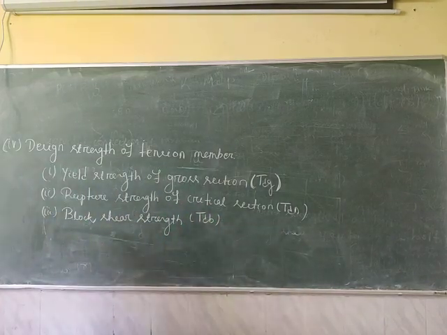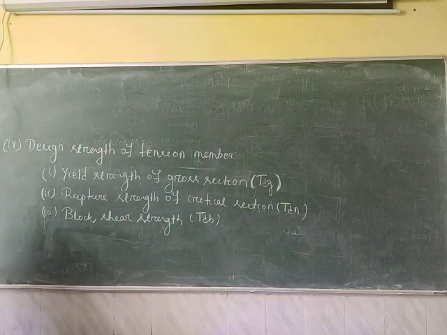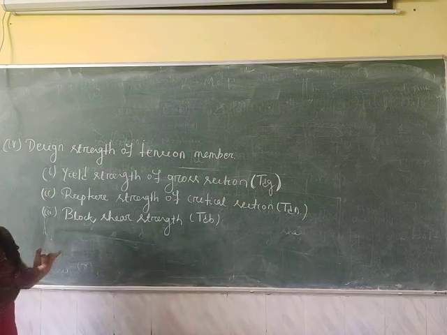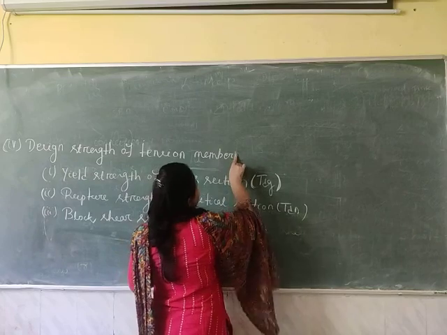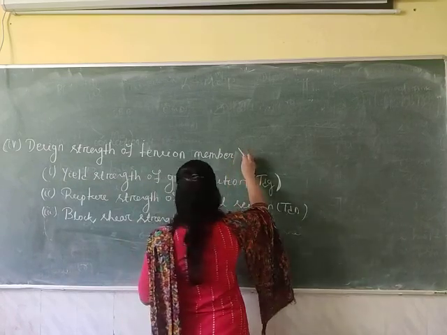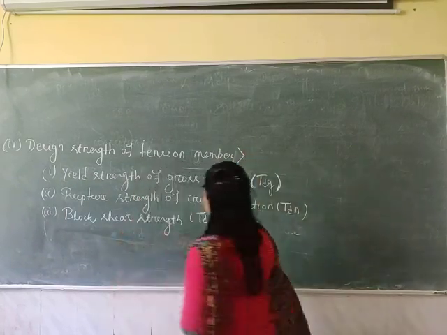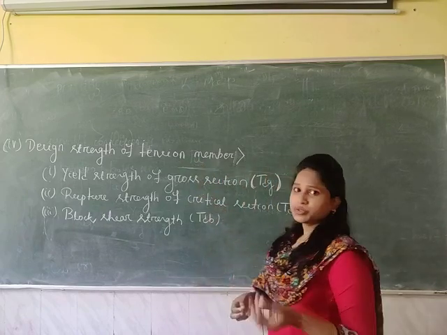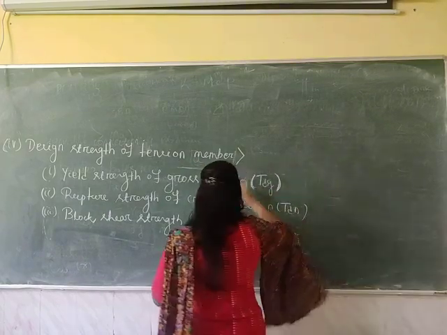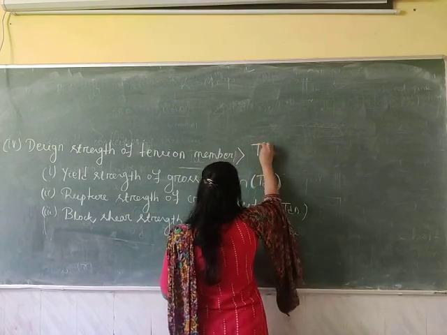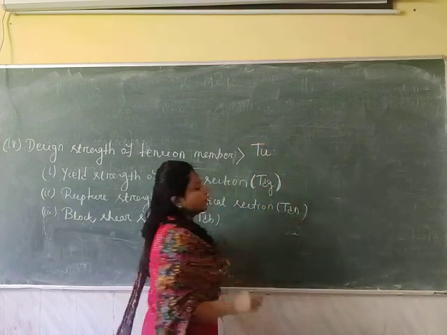Okay. So, after calculating these three values, take the minimum value as the strength of the tension member and ensure that this design strength of the chosen section should be greater than that of the external applied tensile load.